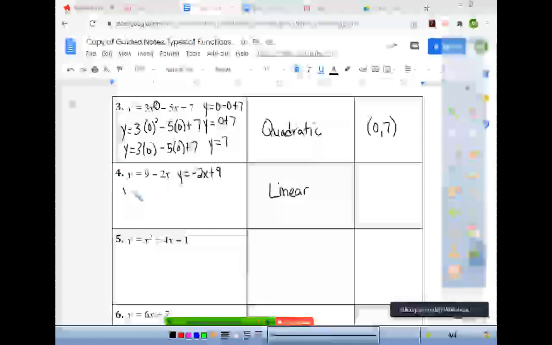If I'm going to find my y-intercept, I'm going to plug in 0 for x. So this is going to be 9 minus 2 times 0. So this is going to be 9 minus, what's 2 times 0? 0, and 9 minus 0? 9. So my y-intercept is 0, 9.